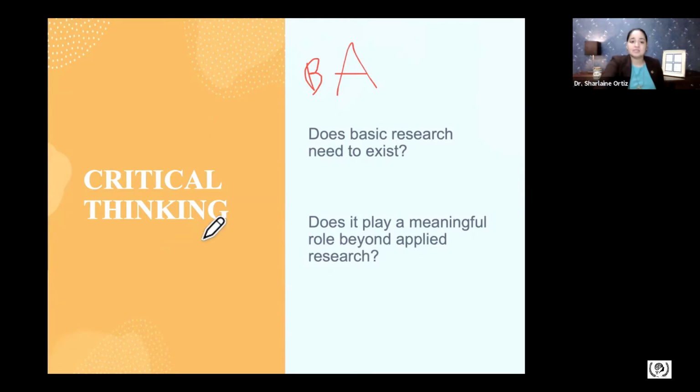Now, another aspect of critical thinking is, what is there to gain? What is this person going to gain based on their research? What are they going to gain if their hypotheses are tested and they are corroborated, if their research questions are answered?